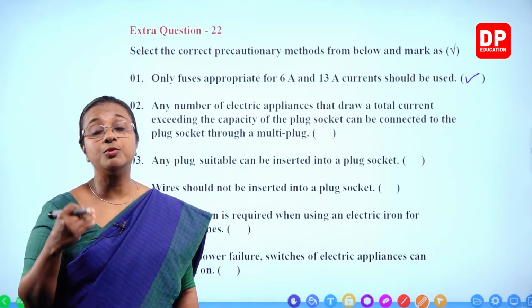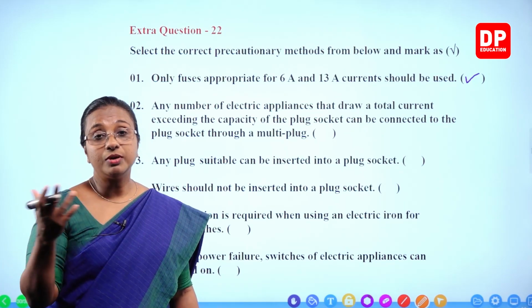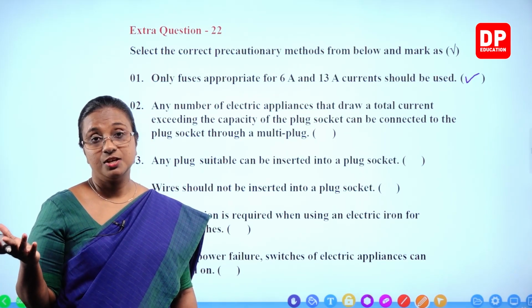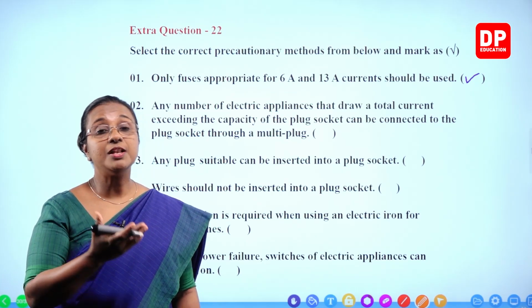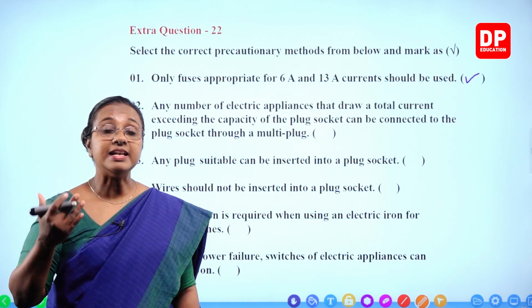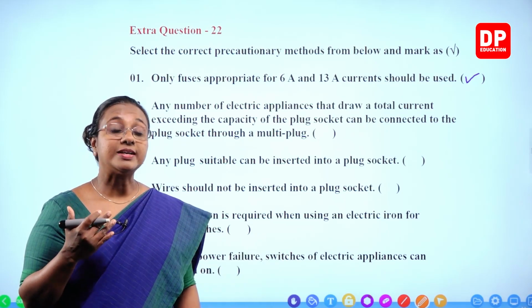Because if you plug in more than one, then what will happen? For example, say 2 electric appliances that need 8 amperes of current each. When you plug in both, they will draw a total of 16 ampere current. That is more than the fuse. That is 13 ampere. So what can happen?